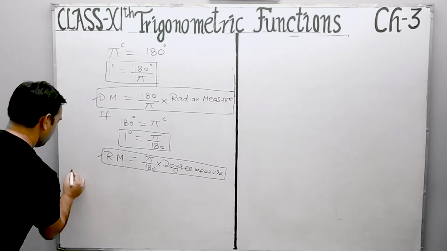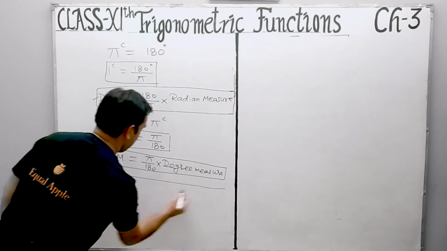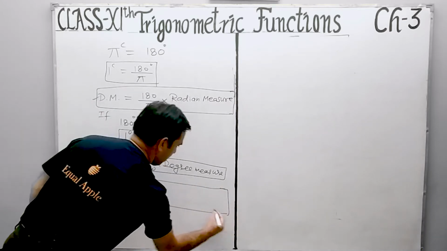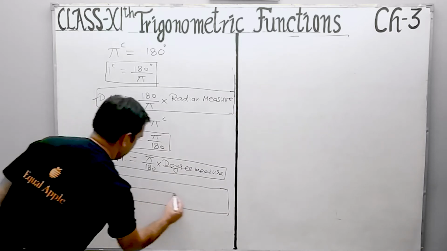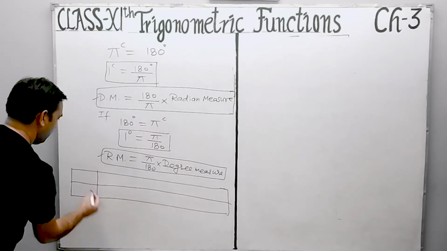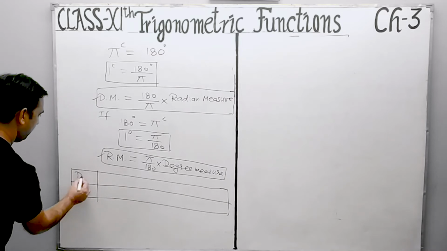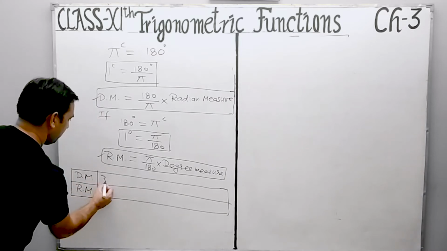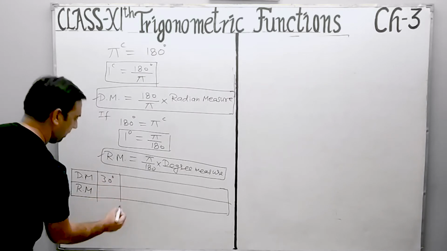So by this you can see the values you have done in your class 10th, how we will convert them into radian. So the degree measure values, and here we will write in radian. So you know the 30-degree value.